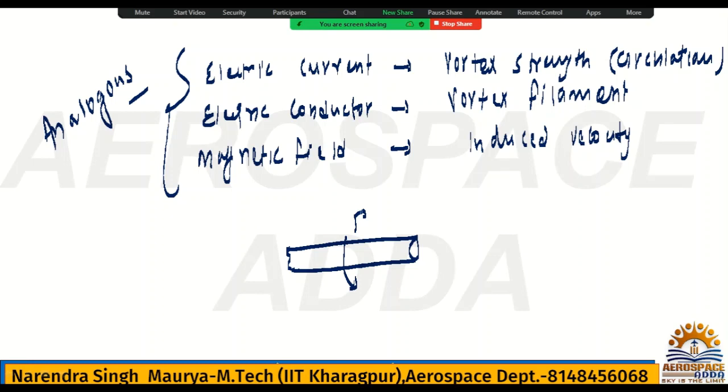This is the gamma, okay, this is the vortex tube strength. Now for this we can calculate the value of induced velocity at some distance.